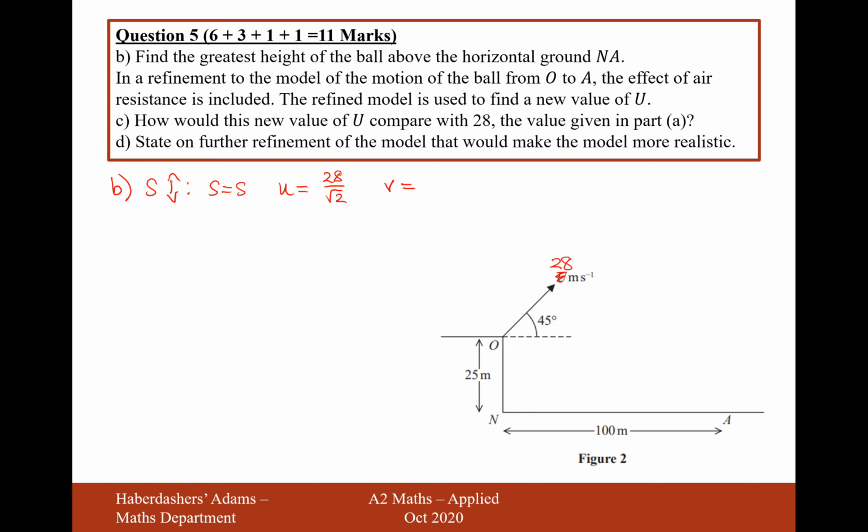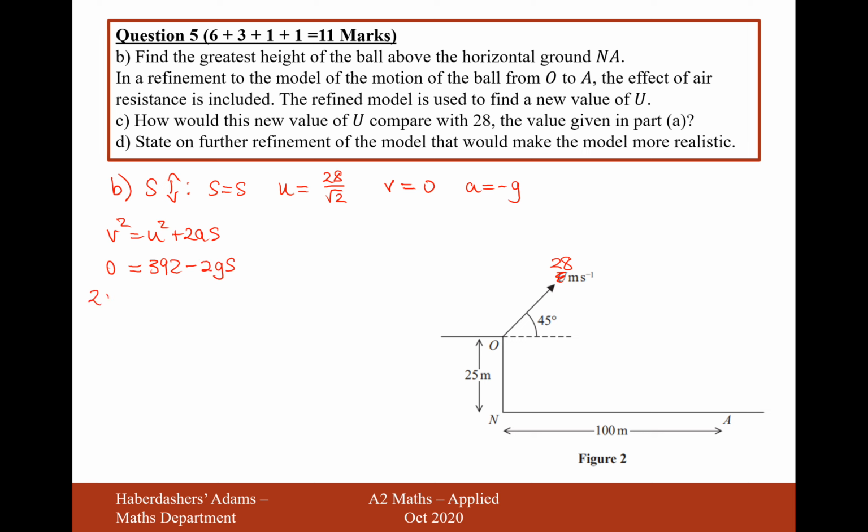v is going to be 0 when it reaches a maximum height, and a is still going to be minus g. So it's going to be v squared equals u squared plus 2as. So it's going to be 0 squared, that's 0, equals 28 squared, which is 784, divided by 2, that's going to be 392, and then minus, because we've got the minus g there, 2g times s.